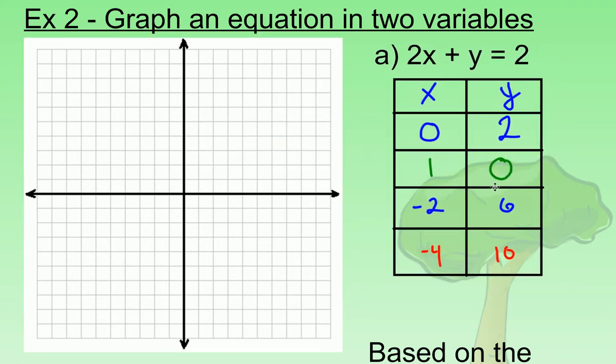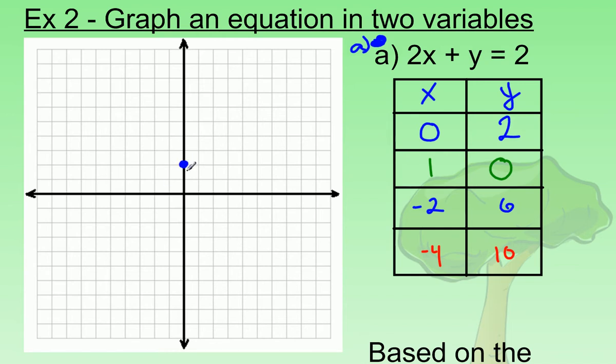So my first example here was this. I'm going to draw this one in blue. So A is blue. Alright, so I'm just going to start graphing these points. So if I go to point 0, 2, that, by the way, is the y-intercept, because you see how it's crossing the y-axis.